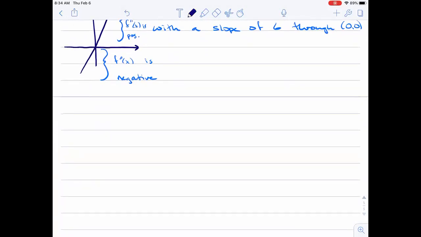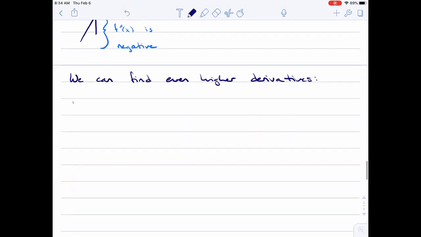We can find even higher derivatives, of course. It's going to look something like this kind of chain. So f of x, if I take the derivative, or if I differentiate, those two are the same thing, so f prime of x, if I take the derivative of that, I end up at f double prime of x.